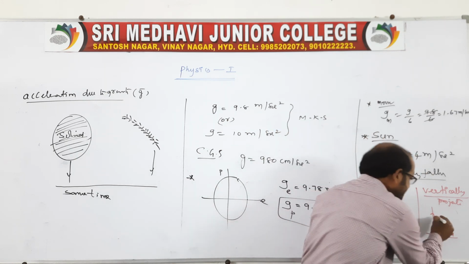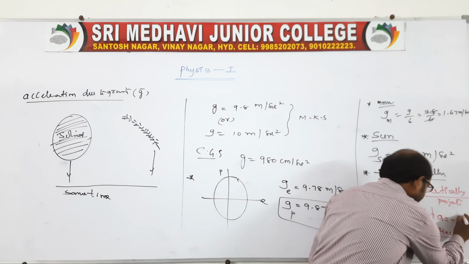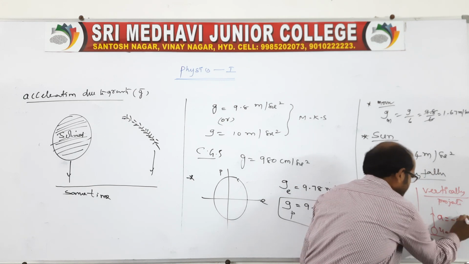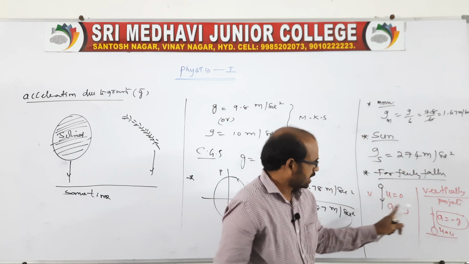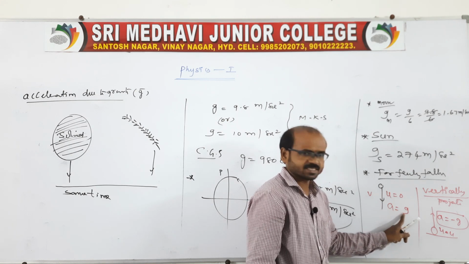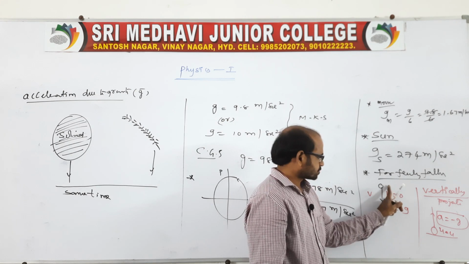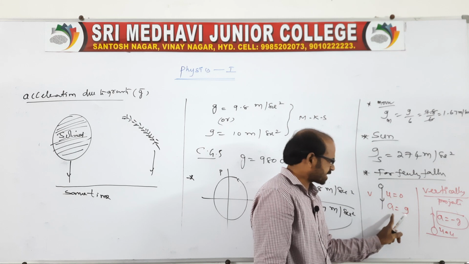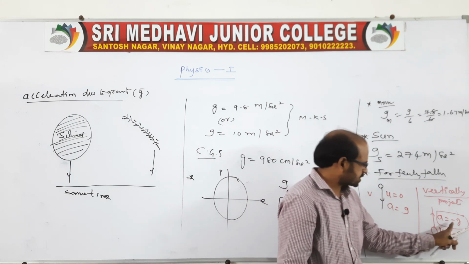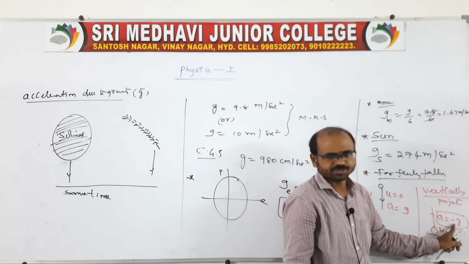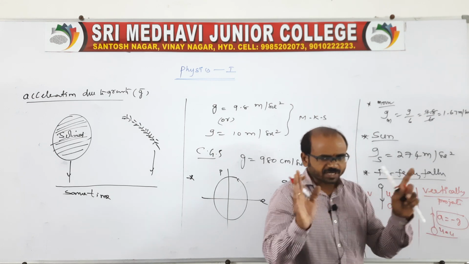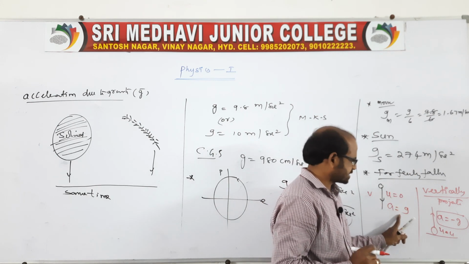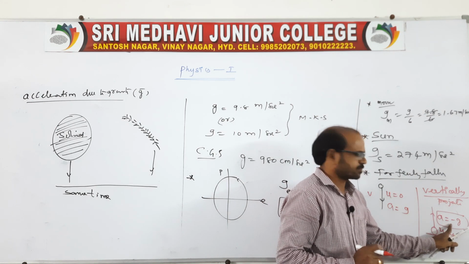In this case, the acceleration we take as minus g, because it is moving opposite, no? For the freely falling body, a is equal to plus g, because it is in the same direction. For vertically projected, a is equal to minus g.